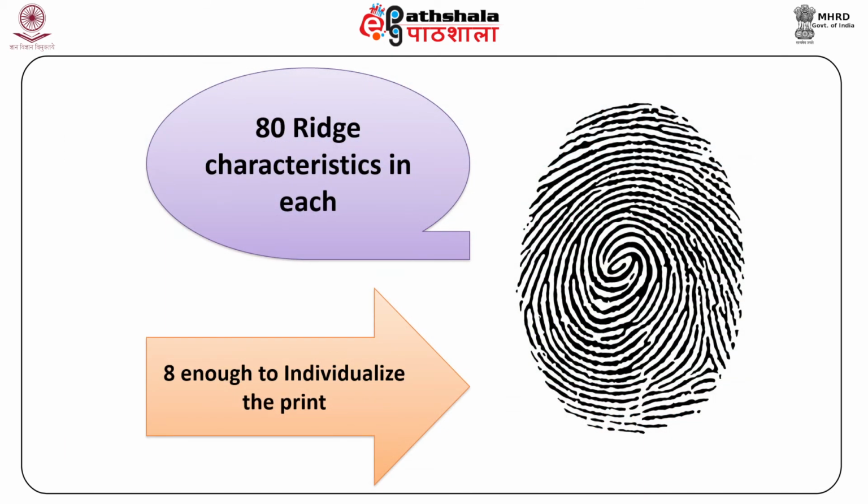On an average, there are about 80 ridge characters in a fingerprint. According to Indian law, the location of 8 characteristics is enough to individualize a person.